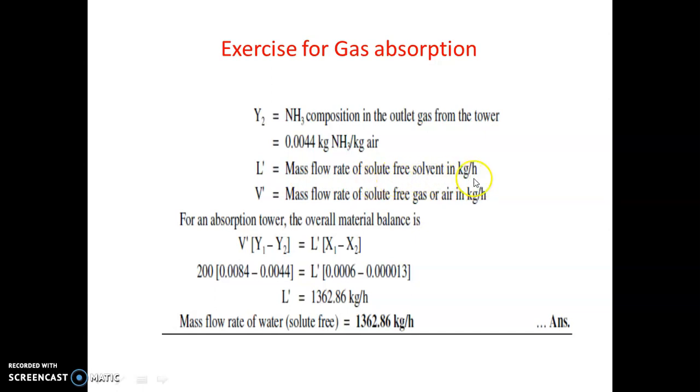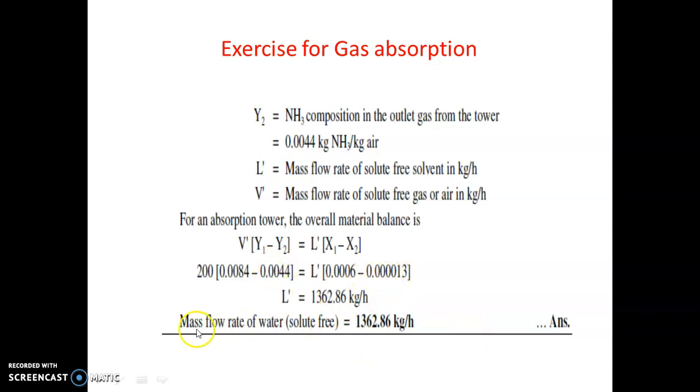Here the solvent is the water, and V' is directly given, that is the mass flow rate of solute free gas or air in kg per hour. So we put directly the value of V', which is 2000, put the Y1, Y2 values directly, and X1, X2, and you have to calculate the value of L', that means the mass flow rate of solute free solvent in kg per hour.